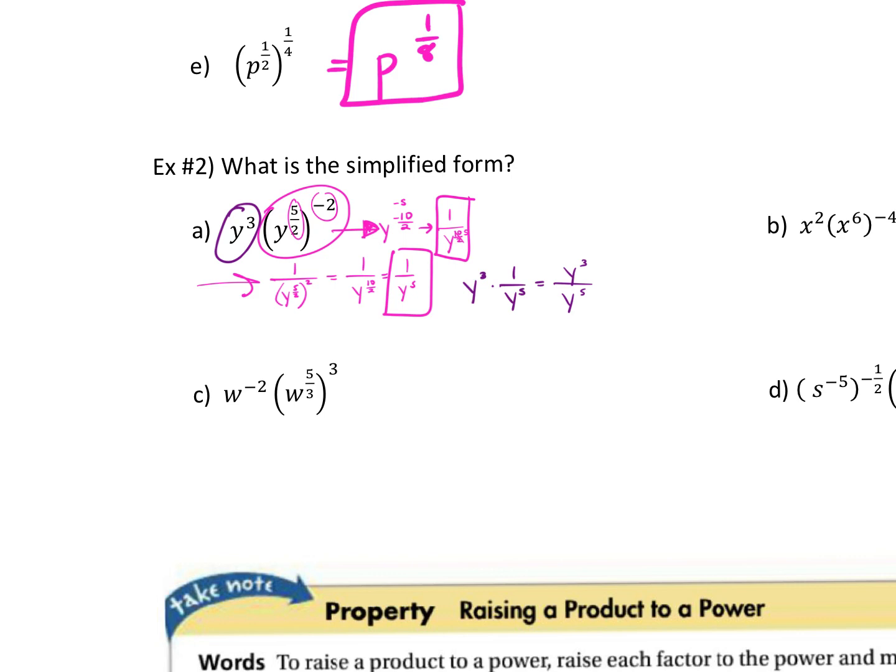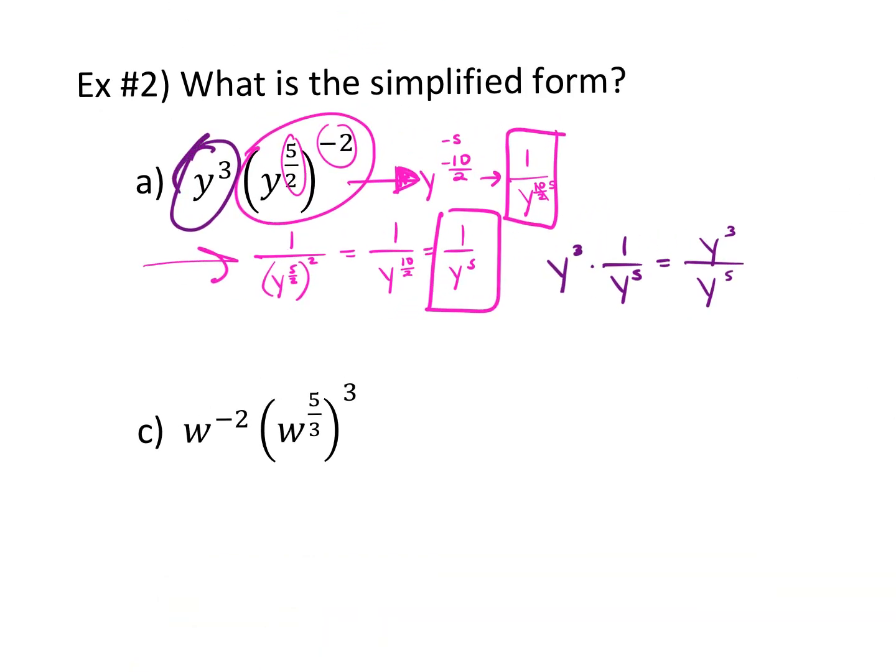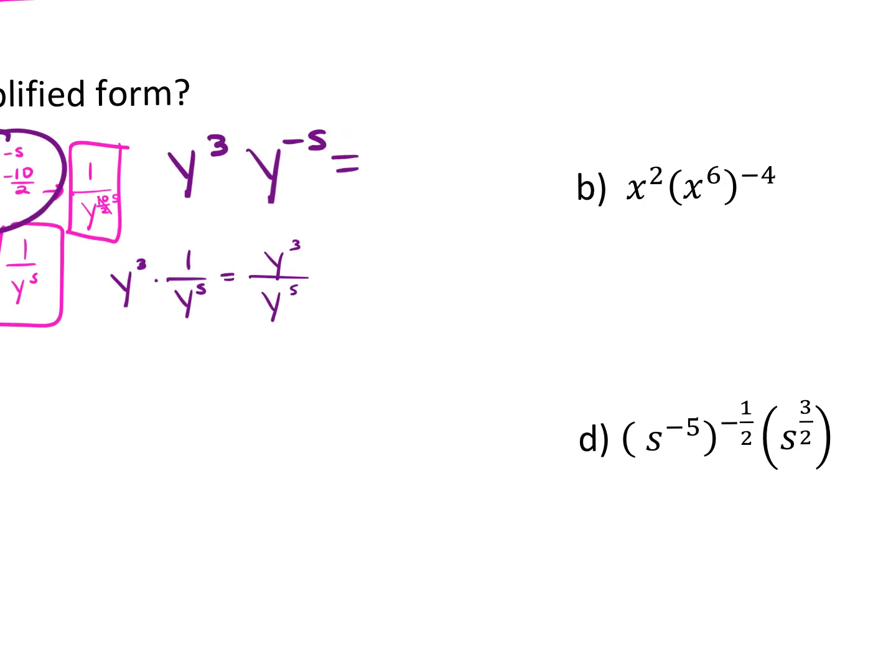Let's do it the other way then. So you have y to the 3rd and y to the -5th, right? That's what this was before we flip it. What do you do with your 3 and -5? Add them together. This is y to the -2nd power.